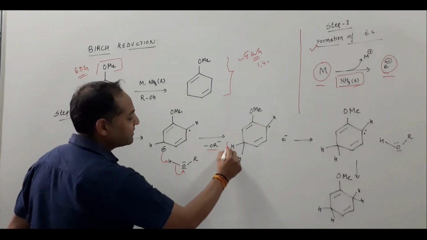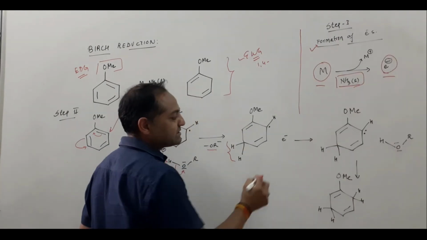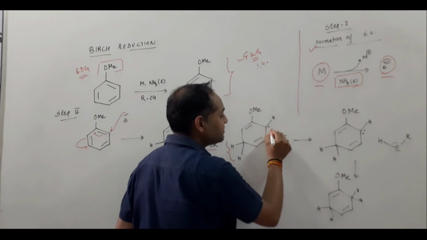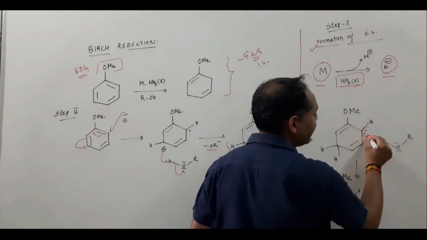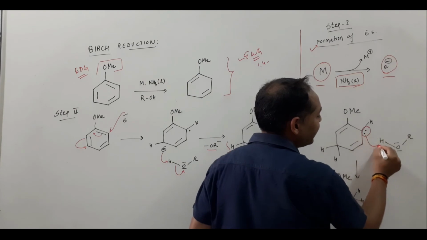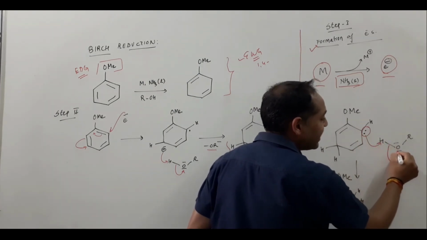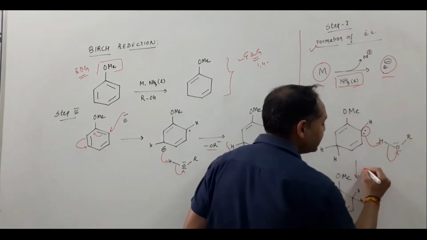So here C-H bonding is taking place. Now again here there is a role of the metal. Again it transfers a single electron. So now here there is a pair of electrons. Again this pair of electrons accepts this proton. The bond between oxygen and hydrogen is broken and the electron shifts onto oxygen.